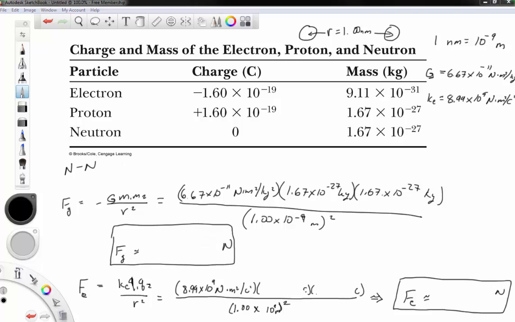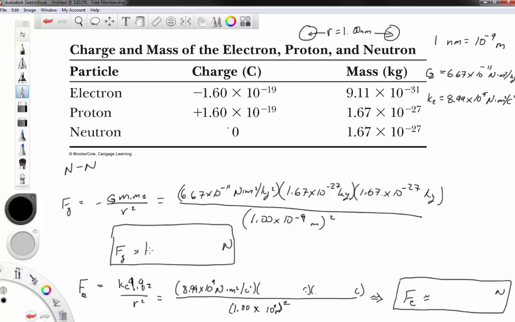Okay, so next we do the neutron, and the neutron actually has very nearly the same mass as the proton. So neutron, proton, if we took it out a couple more digits we'd notice a difference, but with only 3 significant figures, basically the same mass. So we should get the same calculation for the force of gravity here.